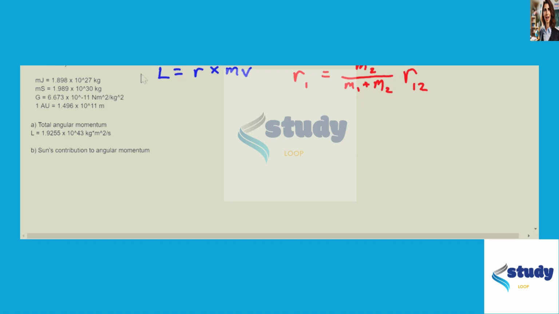To find the location of the Sun relative to the center of mass of the system, we're going to use equation number 20 from the textbook, which says that the position relative to the center of mass, r1 of object number 1, is equal to the mass of the other object, m2, divided by the sum of the masses, m1 plus m2, multiplied by the distance between the two objects, represented as r12.